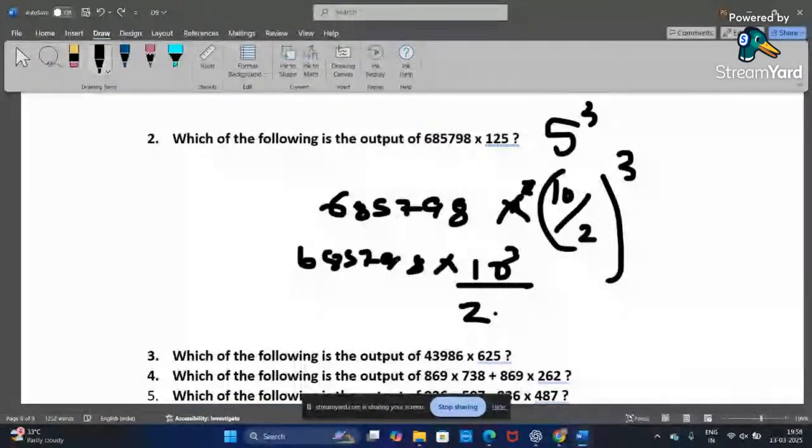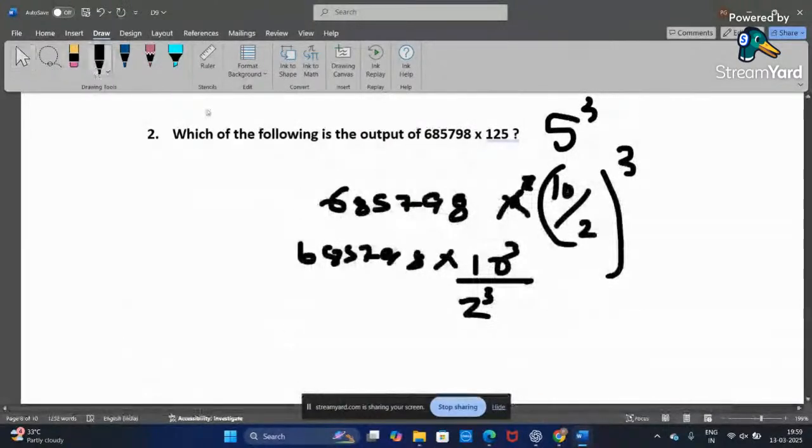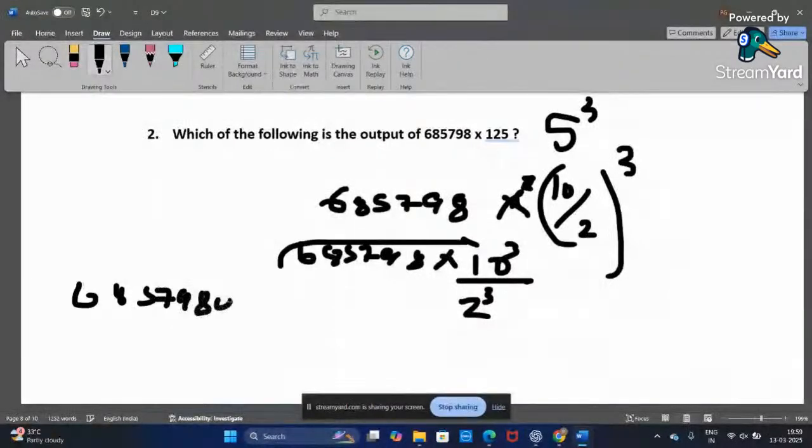This is 2 to the power 3. Okay, don't get confused. So what you have to do here? Just multiply this 685798 with 000.